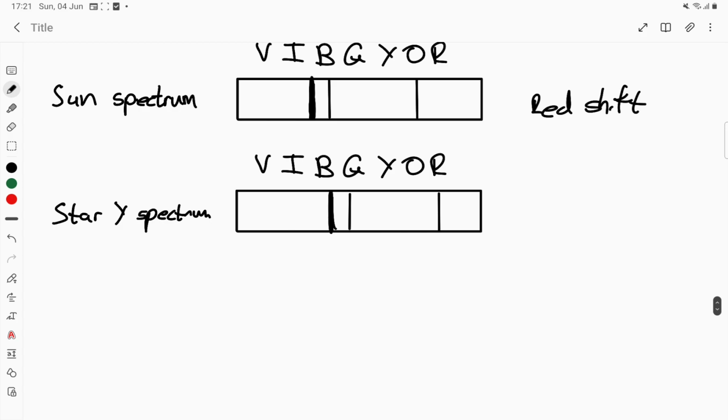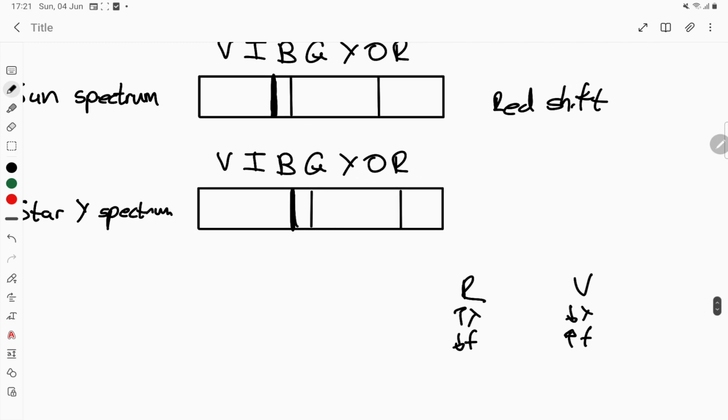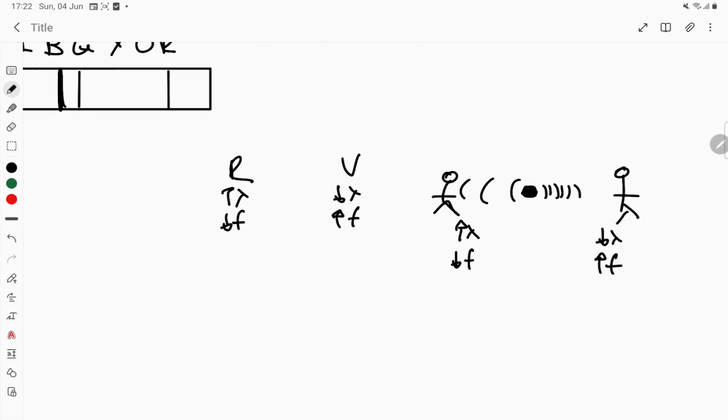What we have to know is that we have a red shift. Red being the high wavelength and lower frequency, and blue, indigo, violet being the lower wavelength and the higher frequency. So a red shift is a shift towards the red side.